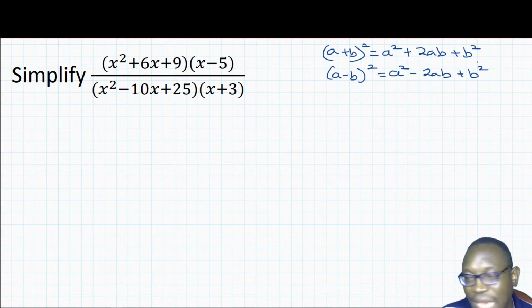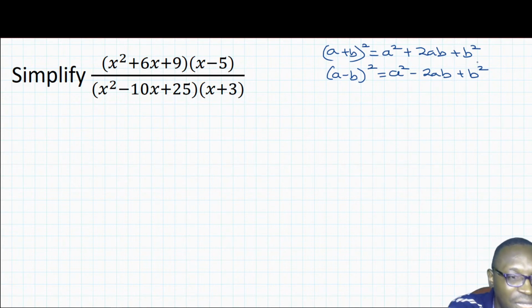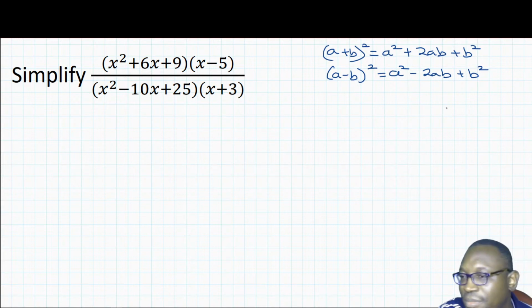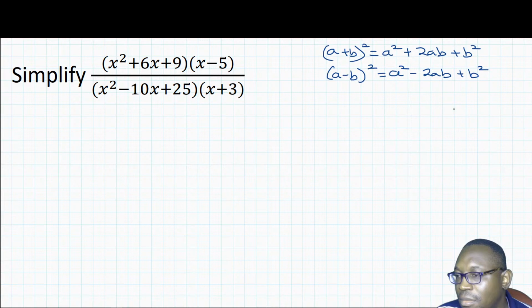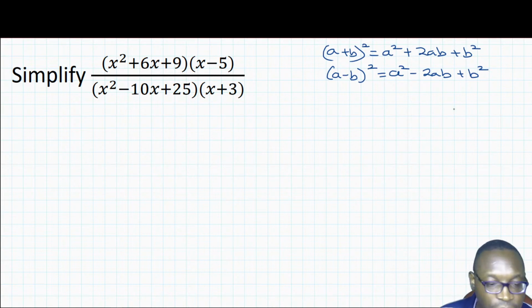So if you find out the values of a and b, you can easily realize that the middle term is the product of a and b multiplied by 2. You're going to need these two equations to solve this problem, and you're going to end up simplifying.